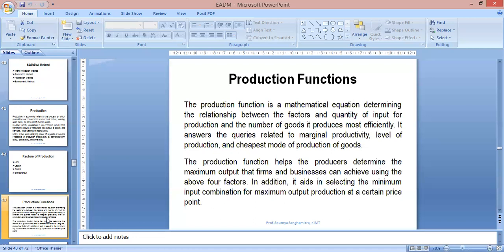And the production function helps the producer to determine the maximum output that farms and business can achieve using the above four factors, जोटा कि हमें पढ़ ले land, labor, capital, entrepreneur. And in addition, it aids in selecting the minimum inputs combination for maximum output production at a certain price point. It's called production function.